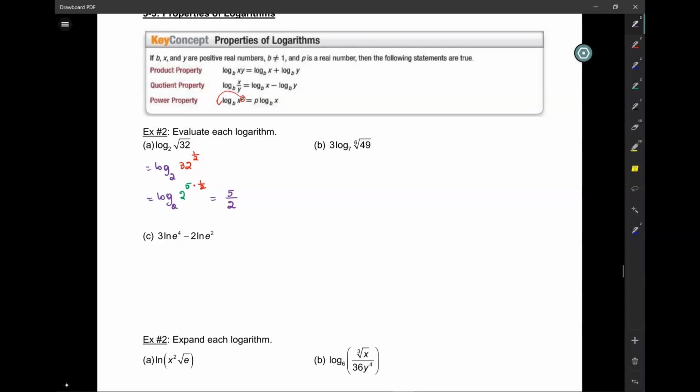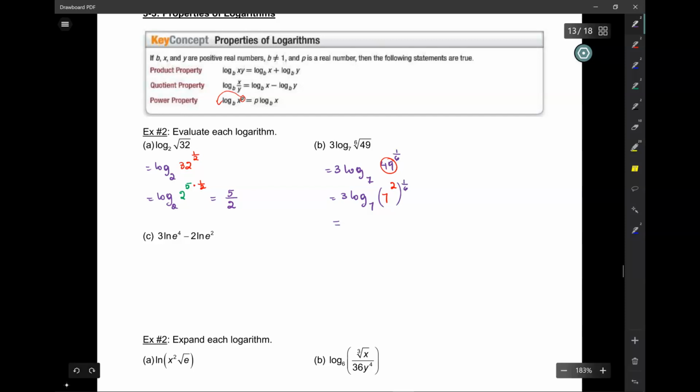All right. This next one here, I have 3 log base 7, and the root 49 is going to be rewritten as 49 to the power of 1/6. So if I take this further, it's 3 log base 7, and that 49 is 7 squared, to the power of 1/6.